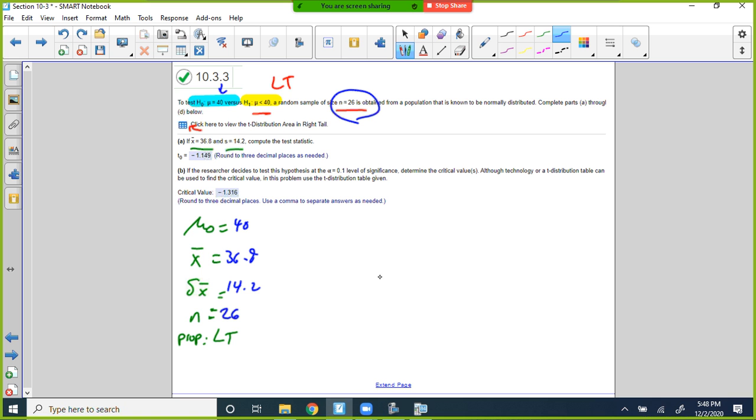So let's do some things real quick. Did they give us this? Yeah. Okay. They're not going to give you part B on this problem right away. They're not going to give you the alpha yet. They're just going to say, hey, find T sub 0.